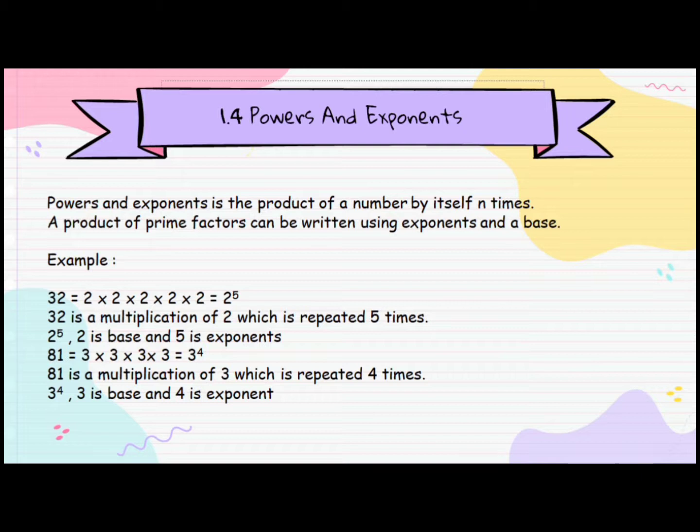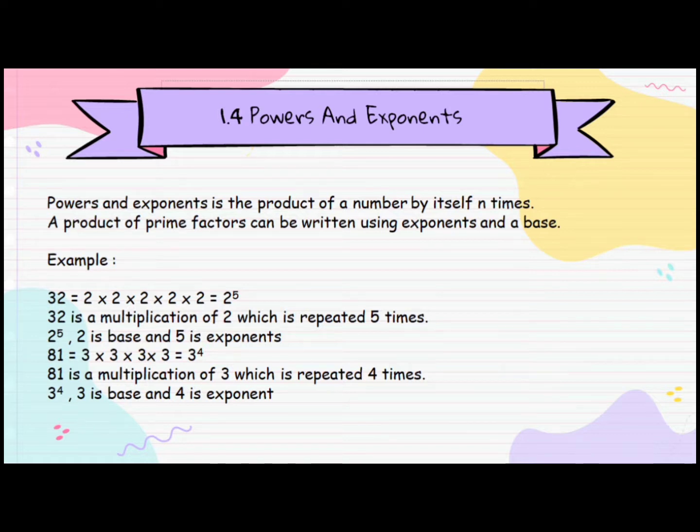For example, 32 equals 2 times 2 times 2 times 2 times 2 equals 2 to the power of 5. 32 is a multiplication of 2 which is repeated 5 times. In 2 to the power of 5, 2 is the base and 5 is the exponent.